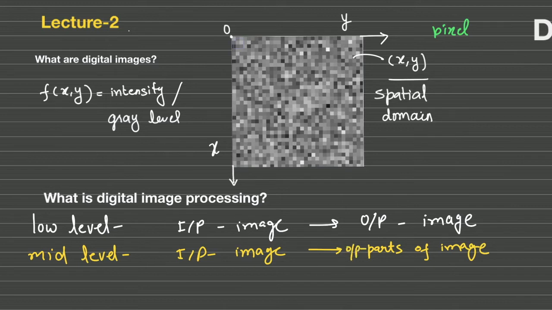Third level is high level, where depending upon the input image, one can try and get some information in the form of object recognition, for example.